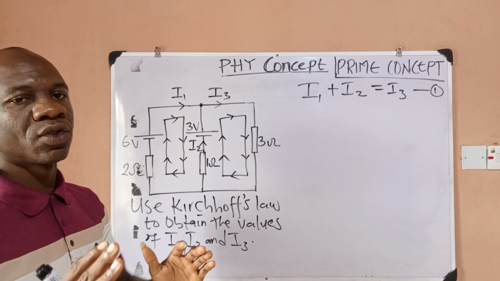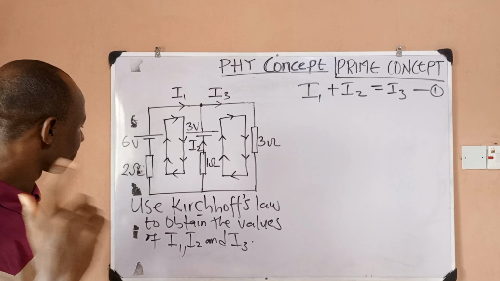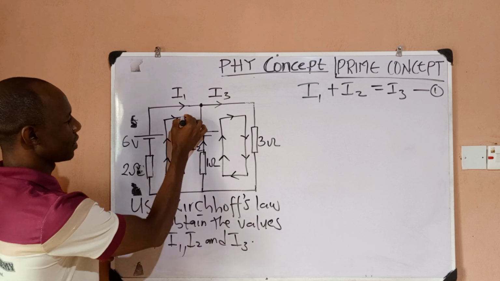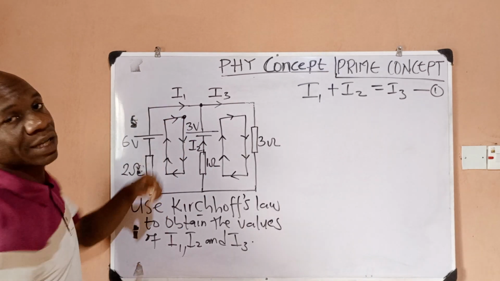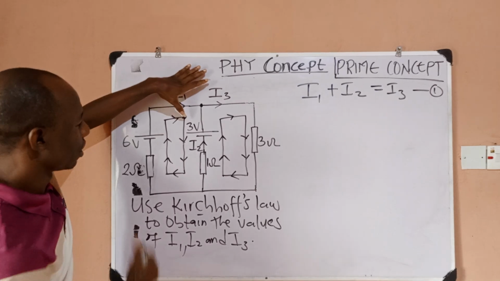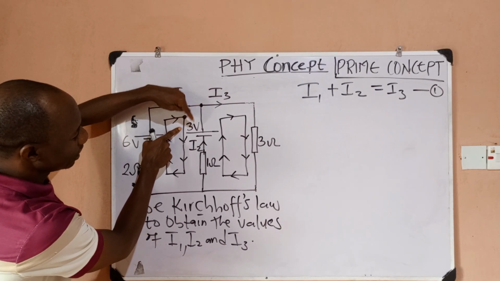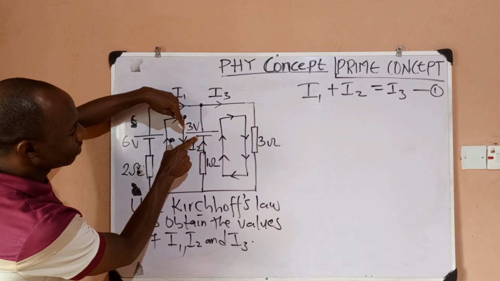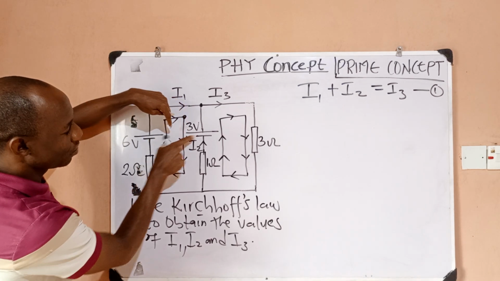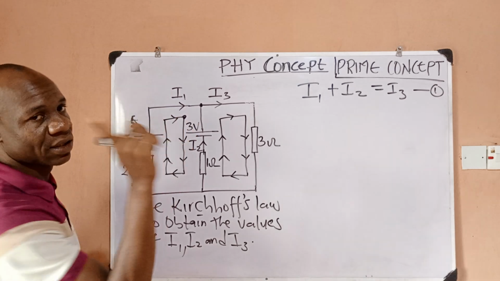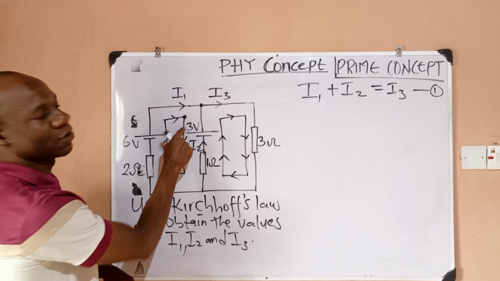The next thing we want to do is to apply KVL to the first loop. I'm going to start from this point, move round and return back to that same point. If you follow our loop direction, our loop is coming down. You notice our loop enters through the long terminal and comes out from the short terminal. Since it is coming out from the short, or negative, terminal, our EMF is going to be negative.